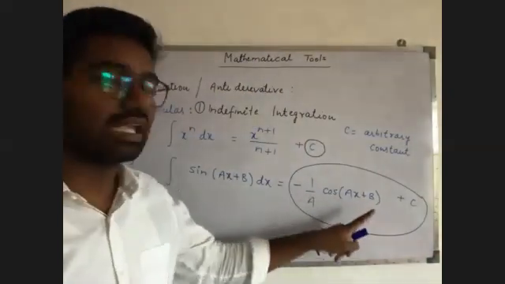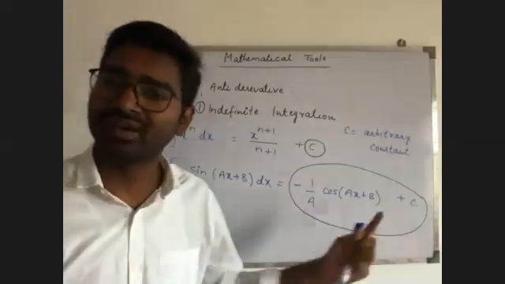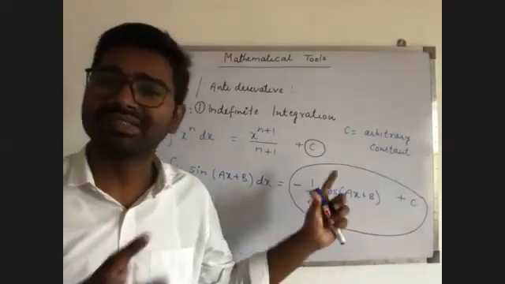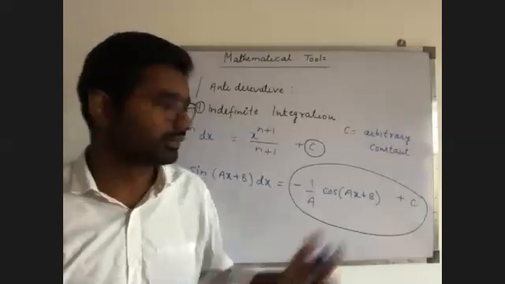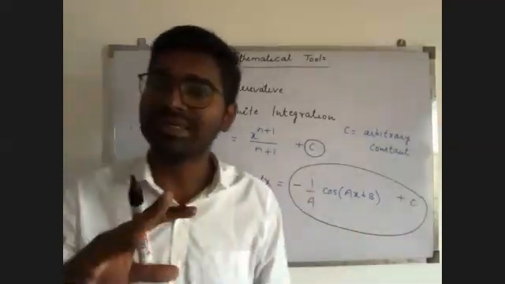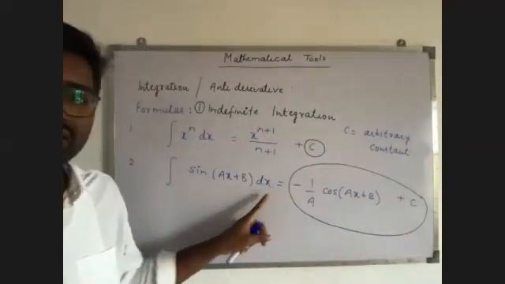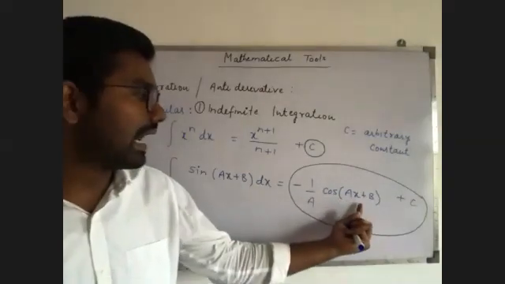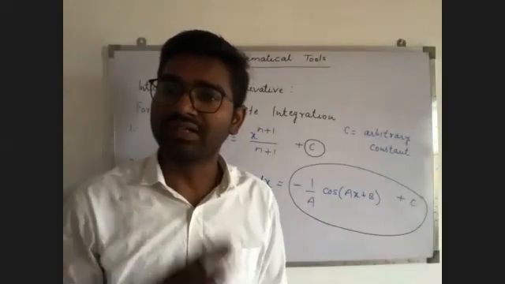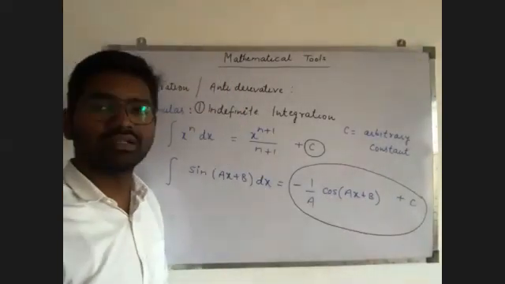If after differentiation you are getting the same function what they have given in the question, then integration is correct. And why 1 by a, guys? Because this is the formula you need to remember. Can I say that I can differentiate this by using inside outside function or chain rule? So just differentiate it and let me know whether you are getting the same answer or not.